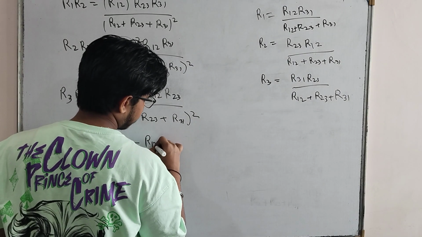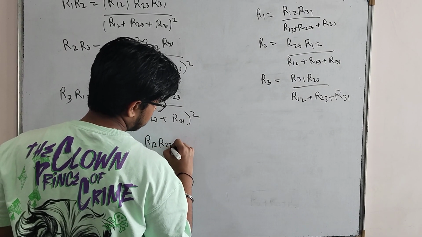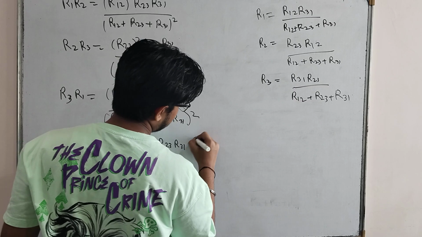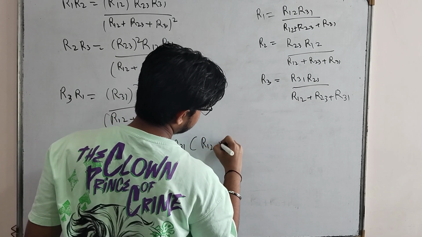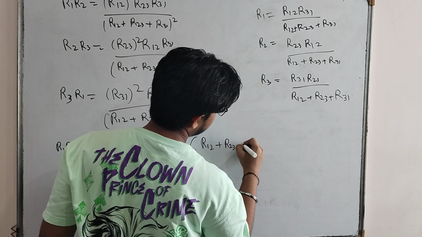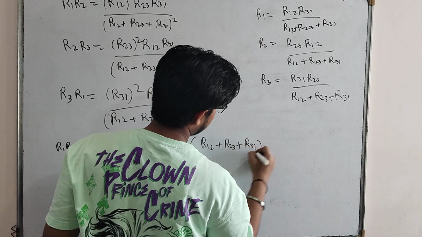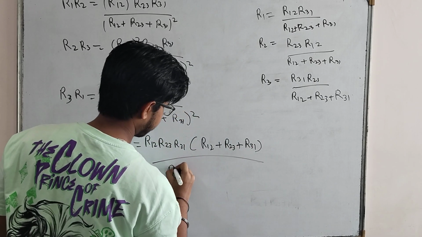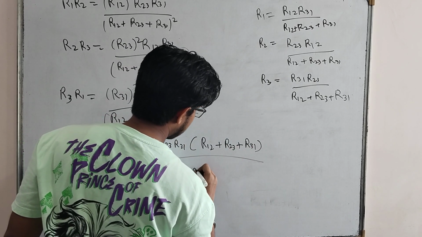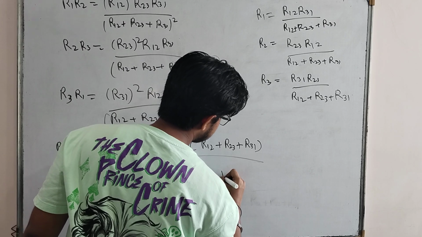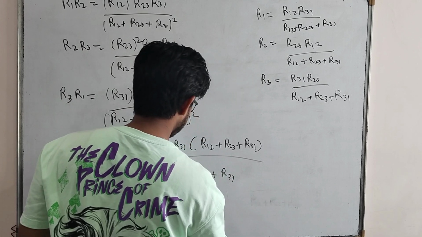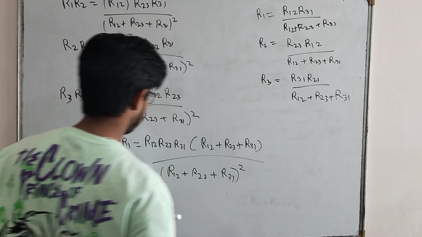I will just write it: R12 into R23 into R31 whole bracket R12 plus R23 plus R31 whole divided by R12 plus R23 plus R31 the entire square.